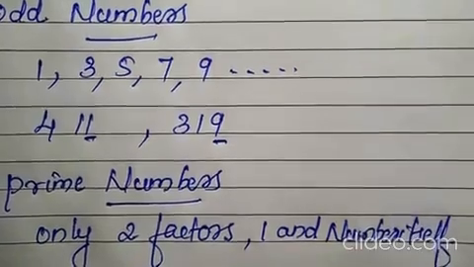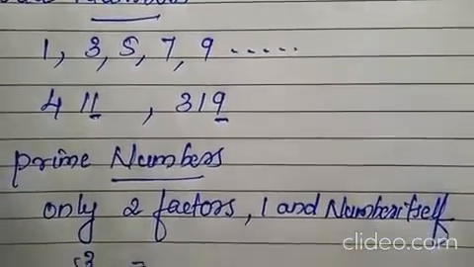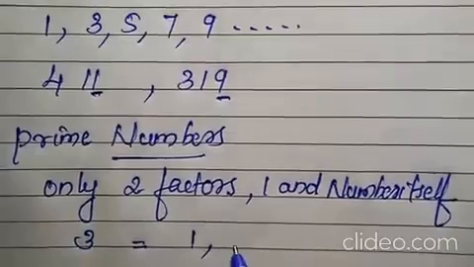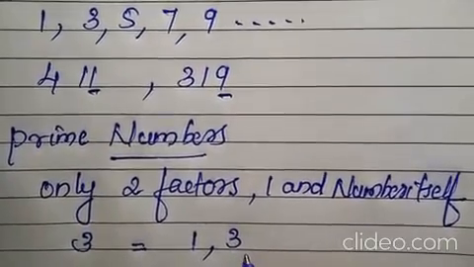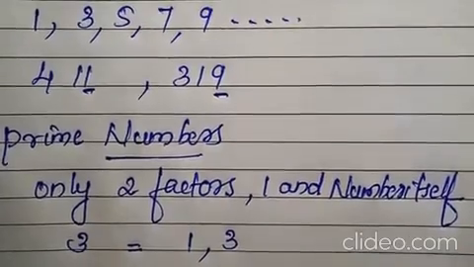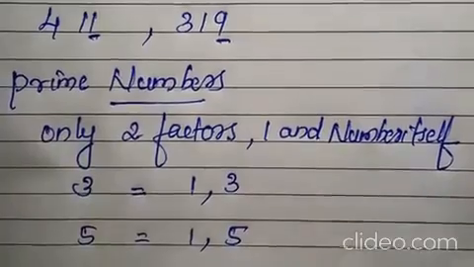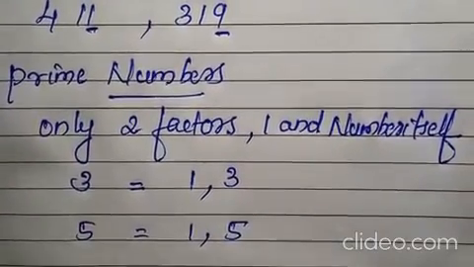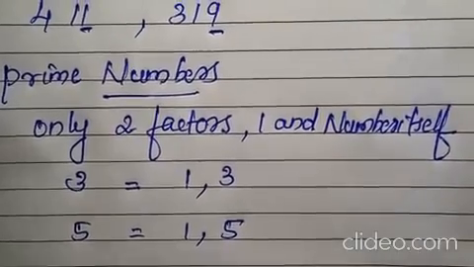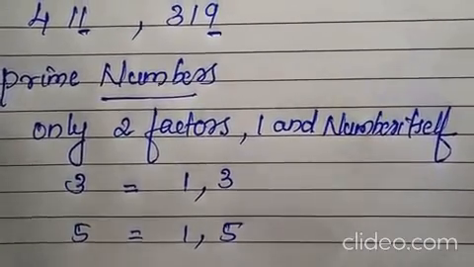If you take 3, how many factors will you get? 3 is in the 1 table and the 3 table. So 1 and the number itself. Take 5. 1 and 5. Understood? This is a prime number. Don't forget, prime numbers have only two factors, 1 and the number itself.